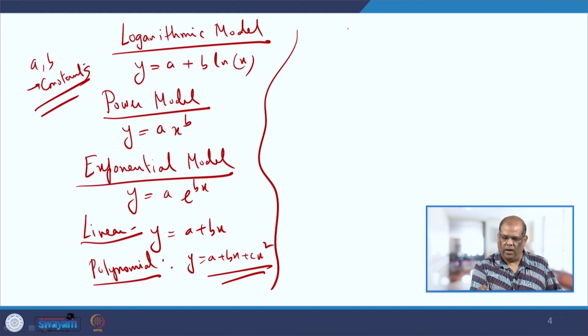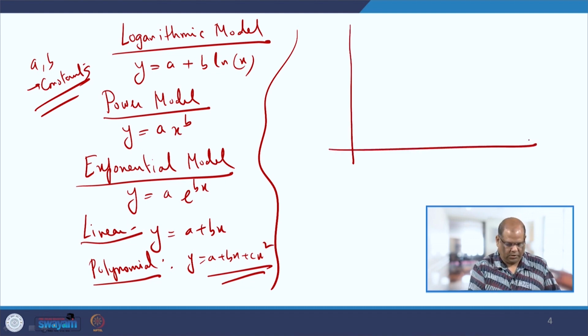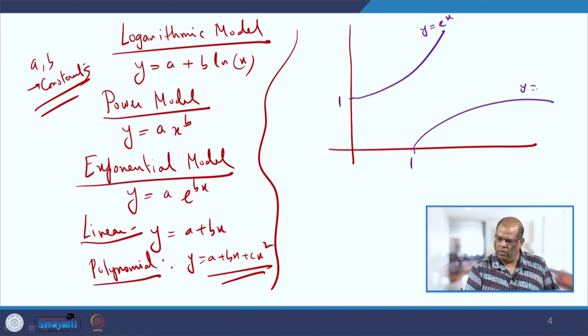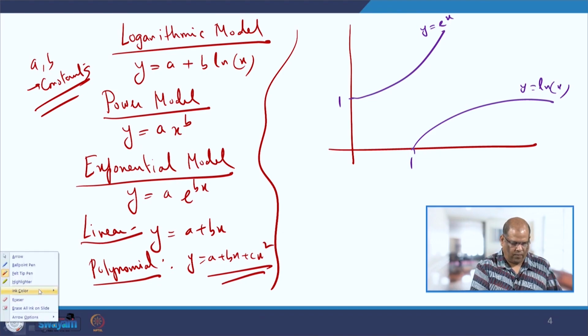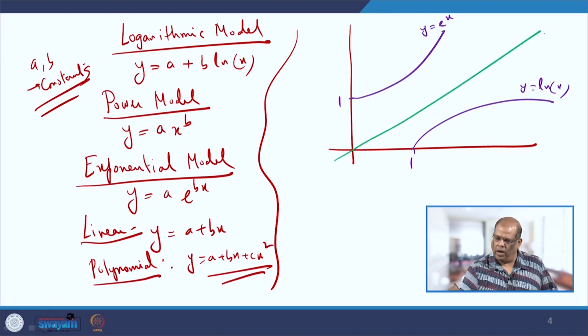So, for example, if I plot the graphs, say I have these equations. This is y equals e to the power x, where this value is 1. This is y equals ln x. Then I can have a linear one, y equals x.